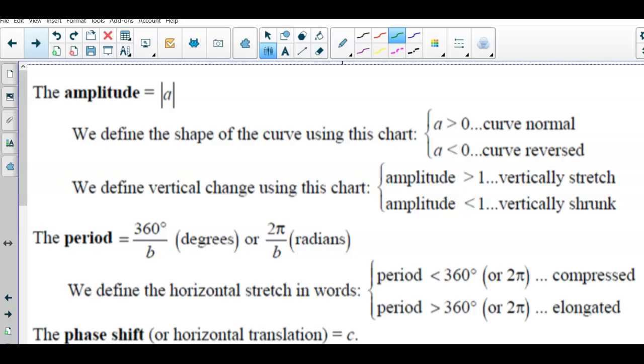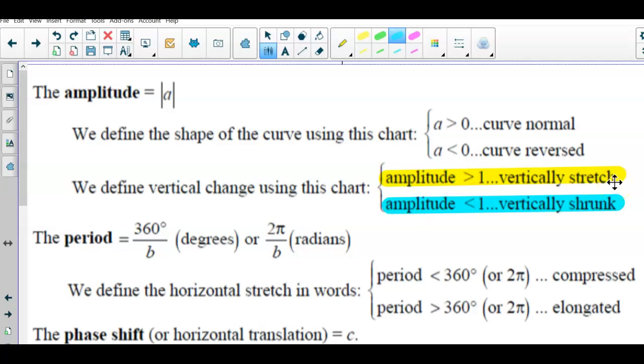When A is greater than 1, we're stretching the graph, and when A is less than 1, we're shrinking the graph.